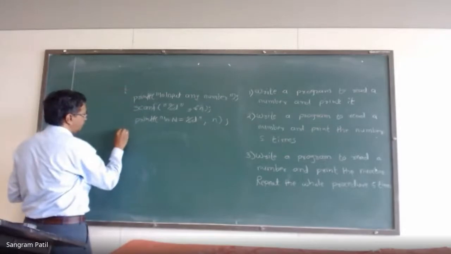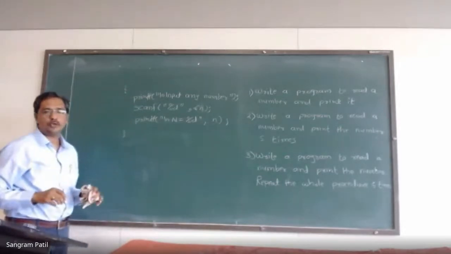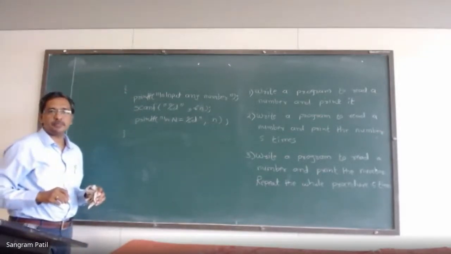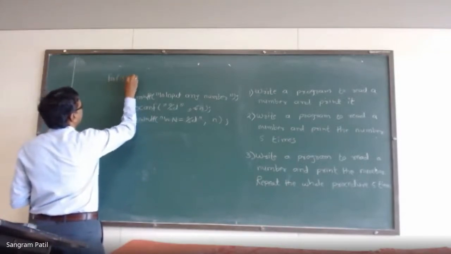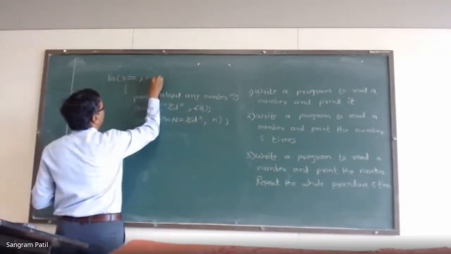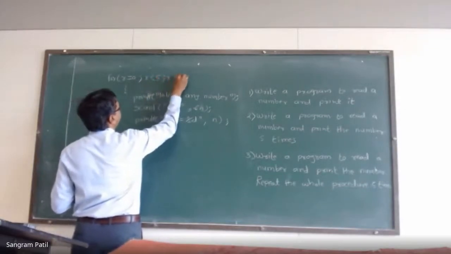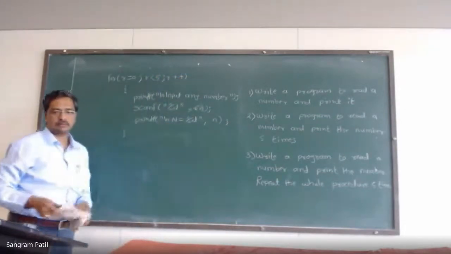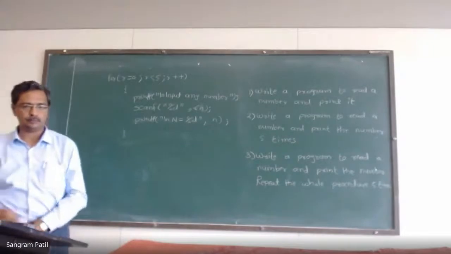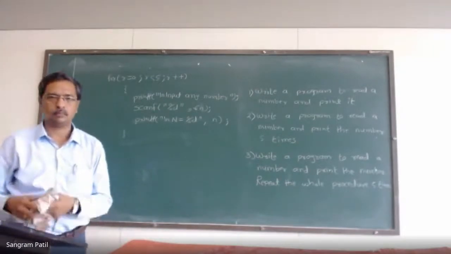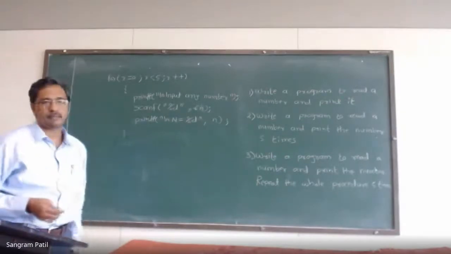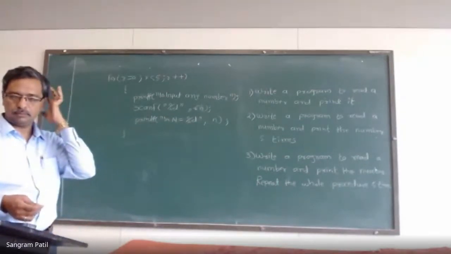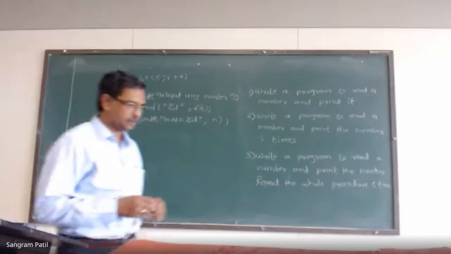So multiple statements are there, so we have to put a curly bracket. Now here we are using r equal to 0, r is less than 5, r plus plus. Check this, the third program.